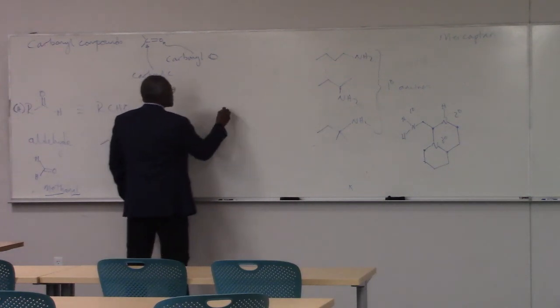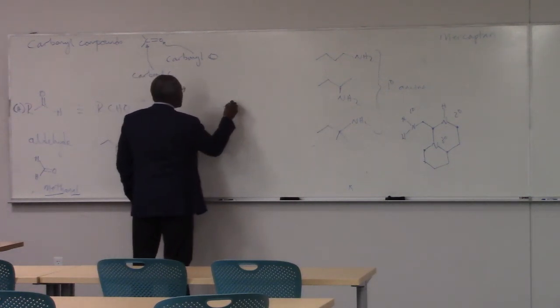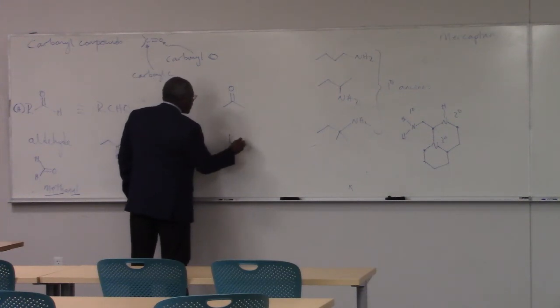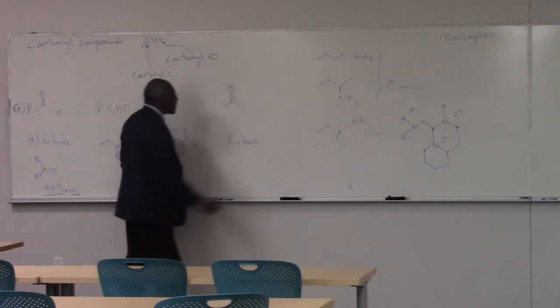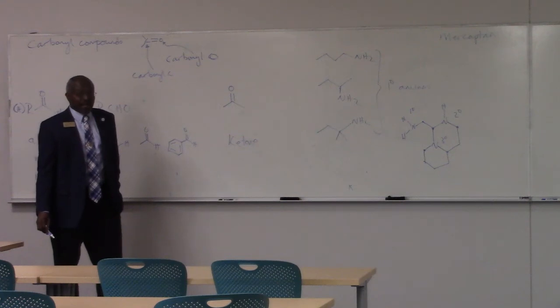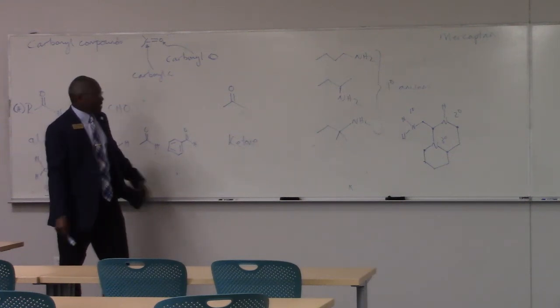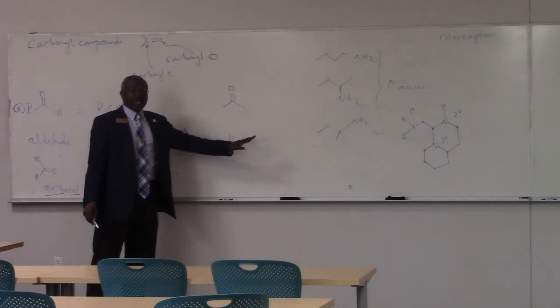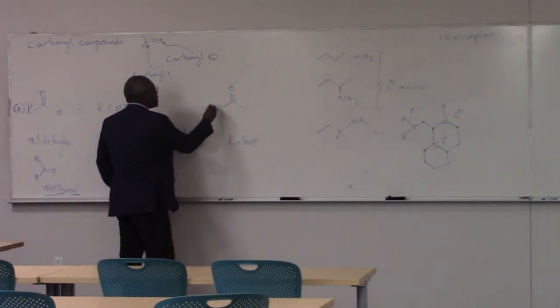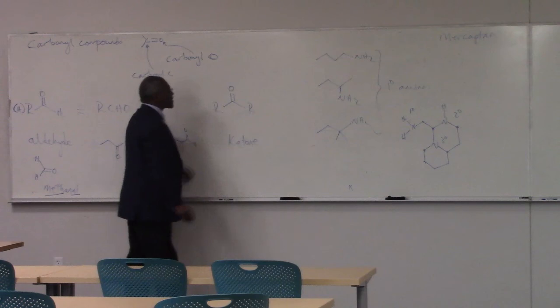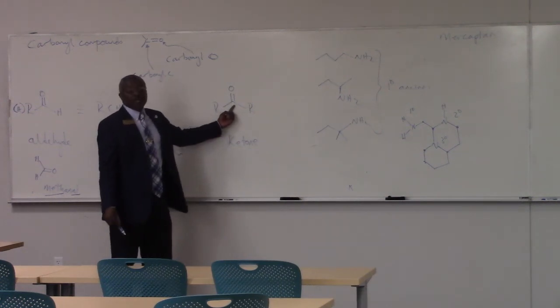Related to aldehydes are compounds called ketones. The word ketone does not have a Y in it. I'm going to say it again. Ketone does not have a Y. In ketones, the groups that flank the carbonyl carbon must be carbons.